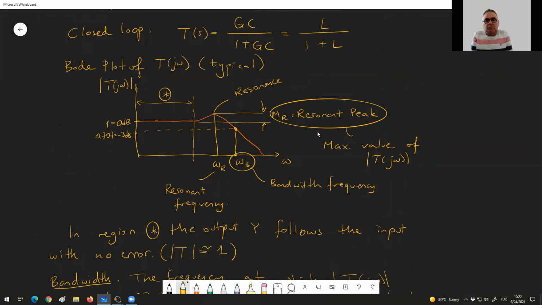As you work with these, they become more and more natural to you, because bandwidth specifies the range of frequencies at which your output can follow your input.